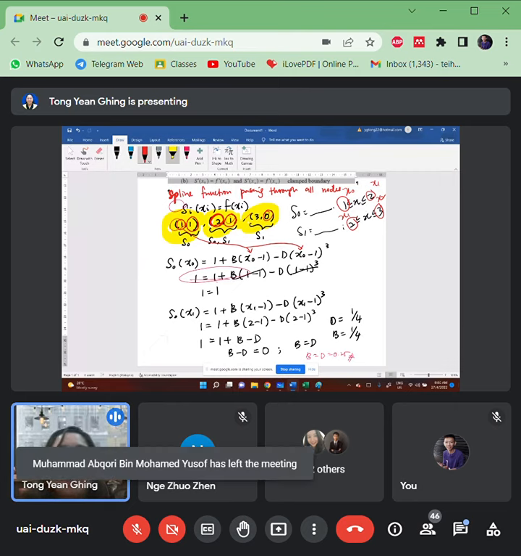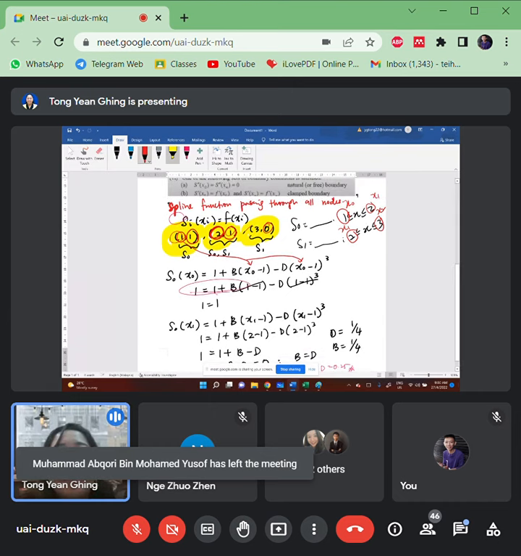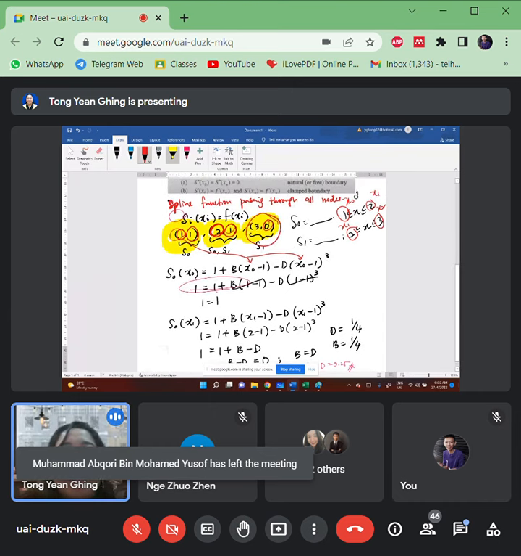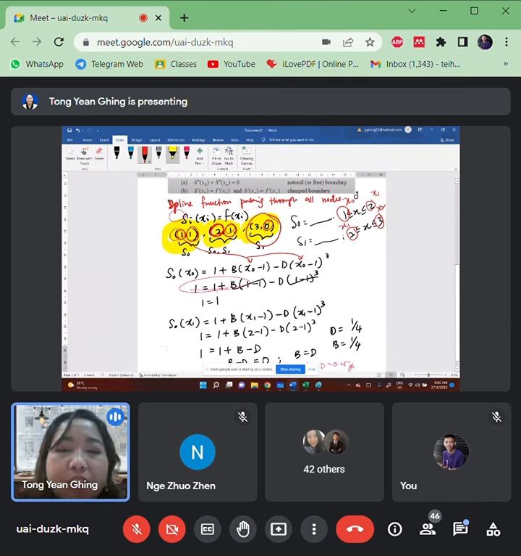So I just check. The next step, I can check S1(X2) equal to zero, because this value is f(X2).